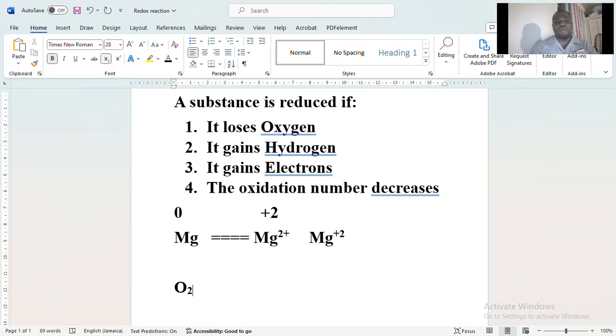If you're not familiar with the diatomic elements, remember all the group 7: your chlorine, your bromine, your iodine, your fluorine, along with your oxygen, hydrogen, and your nitrogen. Those are considered to be the diatomic elements.